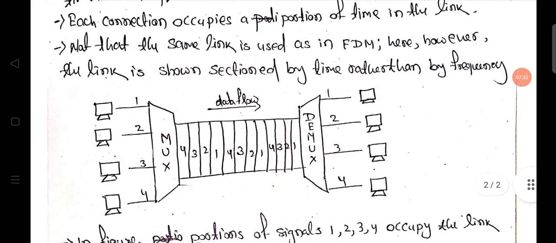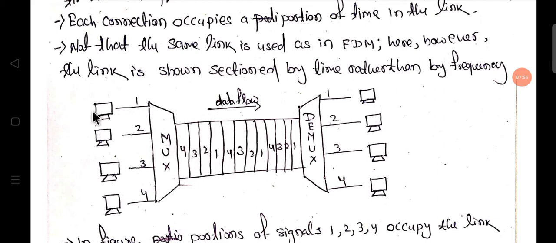You see, this is the link, and this link is sectioned by sequential time. In frequency division, the link is sectioned by frequency; here it is sectioned by time.